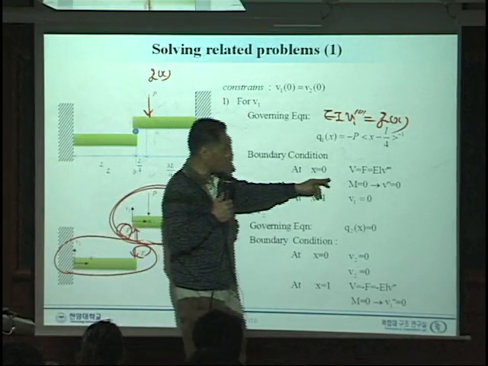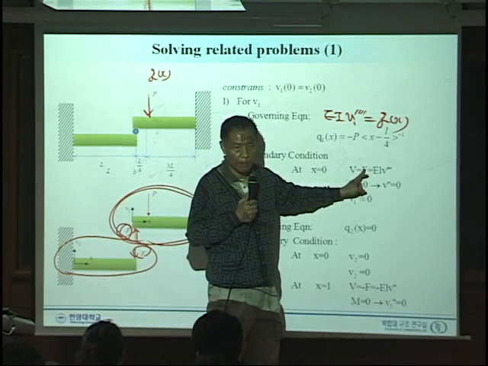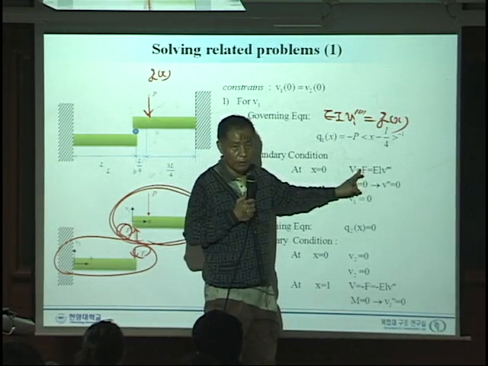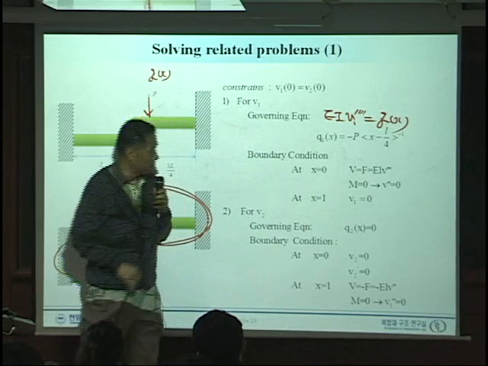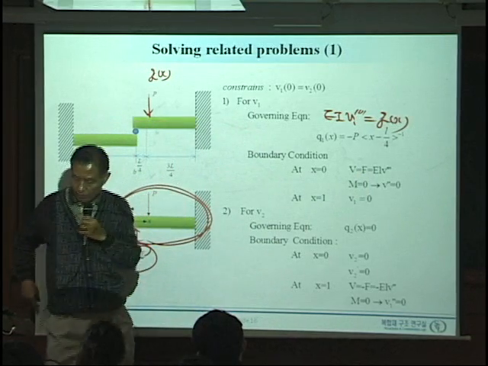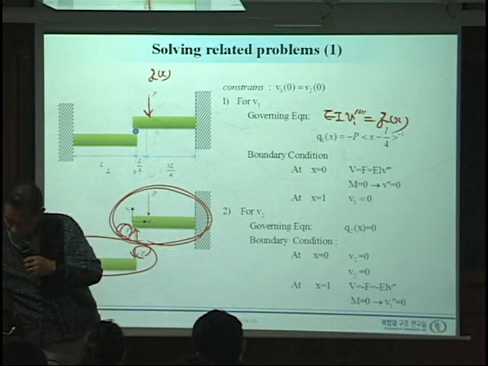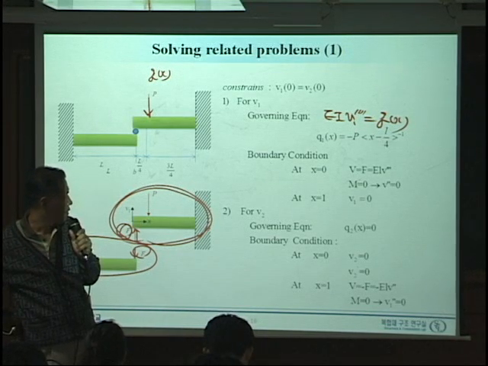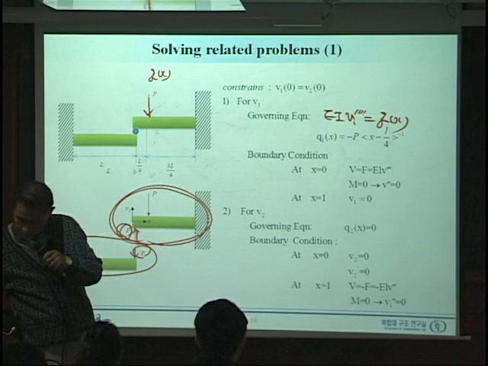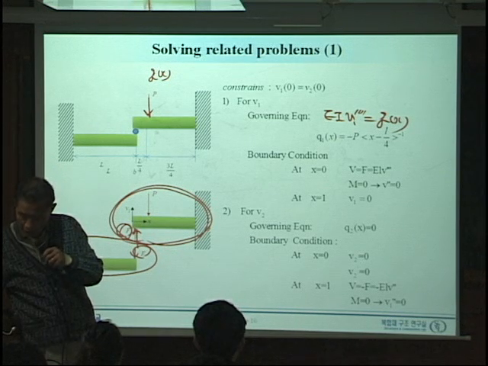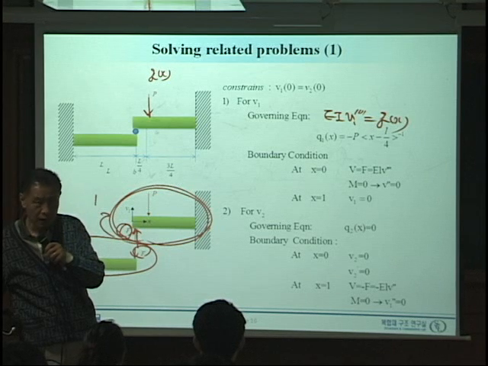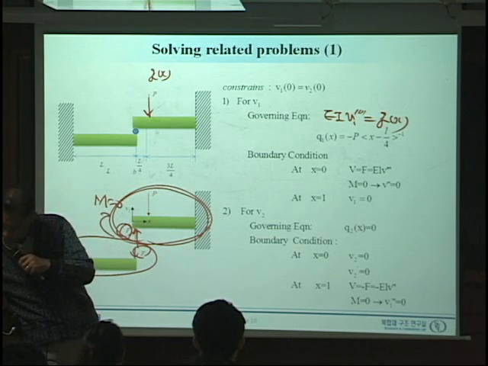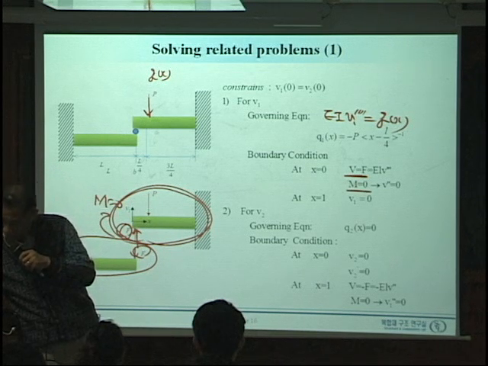So shear force is simply F. And here, how about the moment? Moment is 0, right? So we have two boundary conditions. V is given as F, and moment is 0.